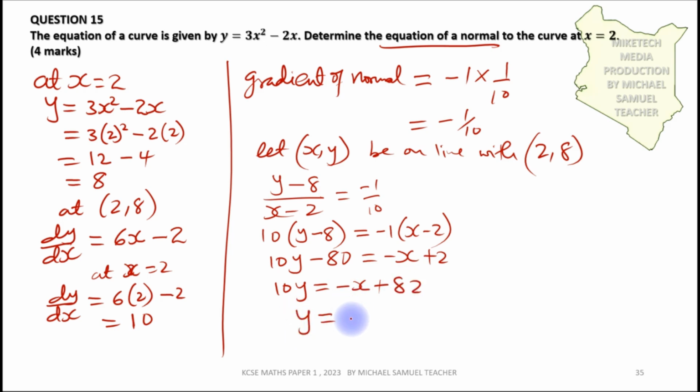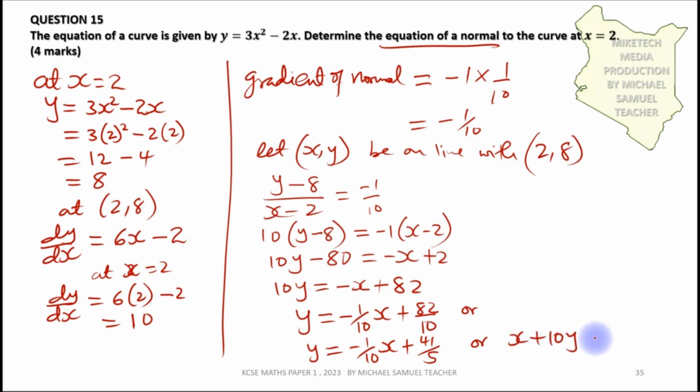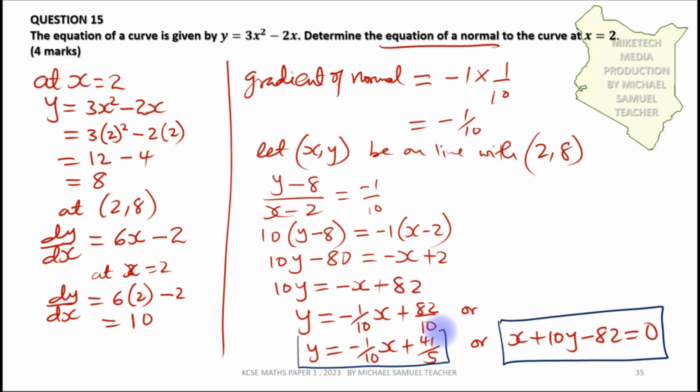Therefore, y is equal to minus 1 over 10 x plus 82 over 10, which is actually 41 over 5, or y is equal to minus 1 over 10 x plus 41 over 5. Or in another way, if you write it this way, x plus 10y minus 82 is equal to 0 will also be accepted. So either of these is accepted.